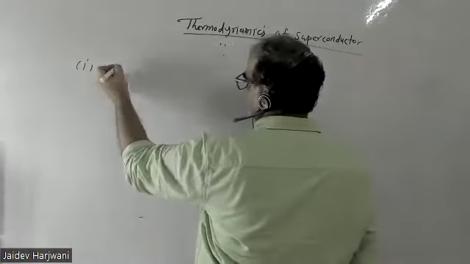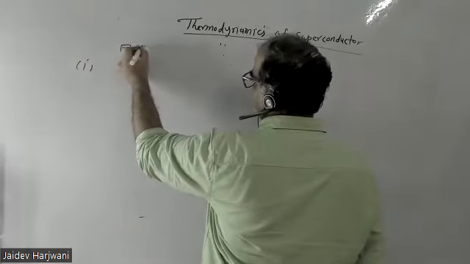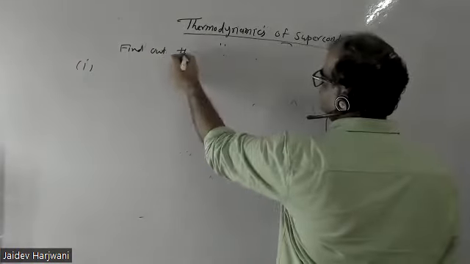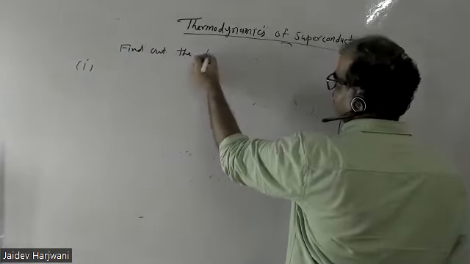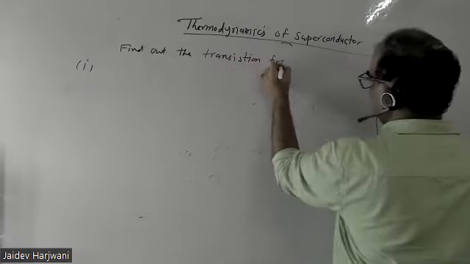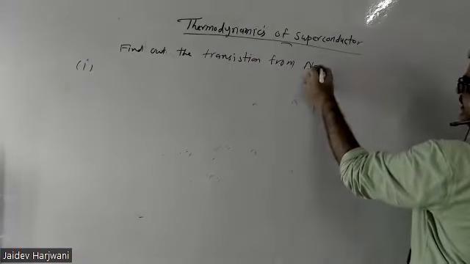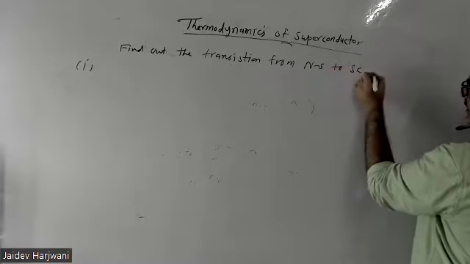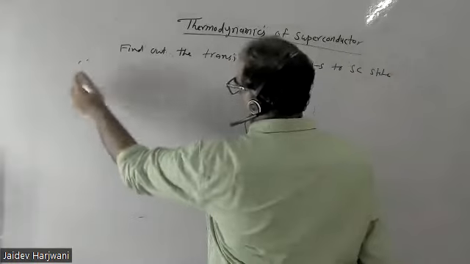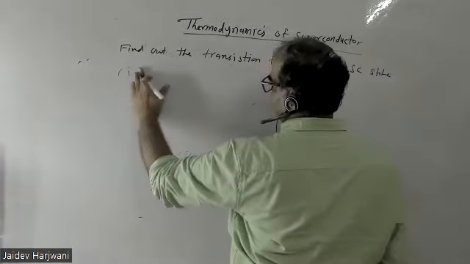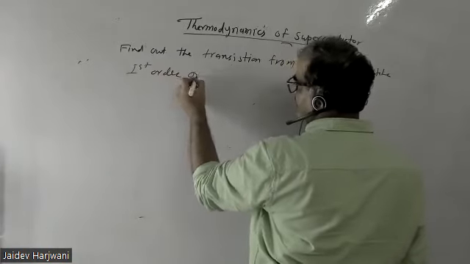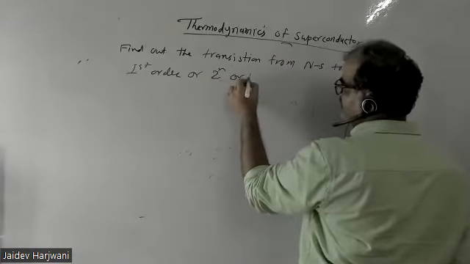So find out whether the transition from the normal state to the superconducting state is a first order transition or a second order transition.